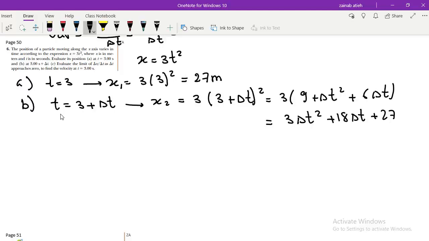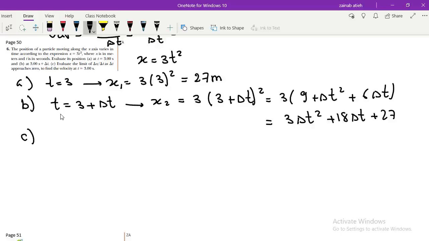In part C it says evaluate the limit of delta x over delta t as delta t approaches 0 to find the velocity at t equals 3. The aim of this problem is to understand that the instantaneous velocity is equal to the average velocity as delta t tends to 0.